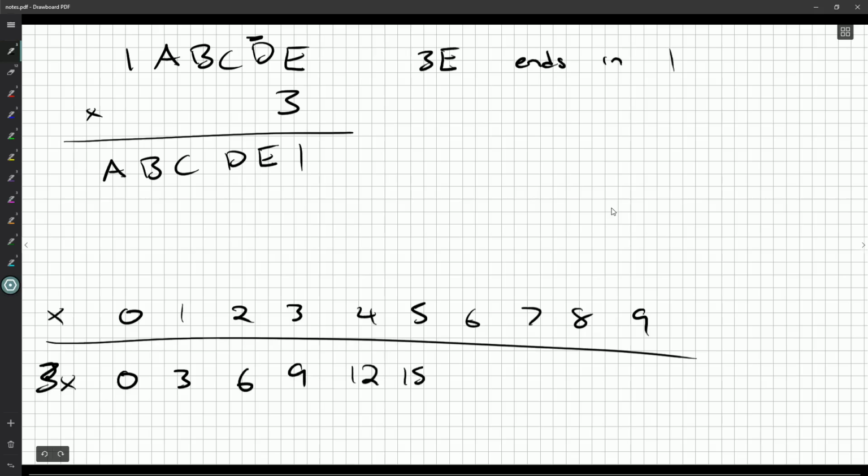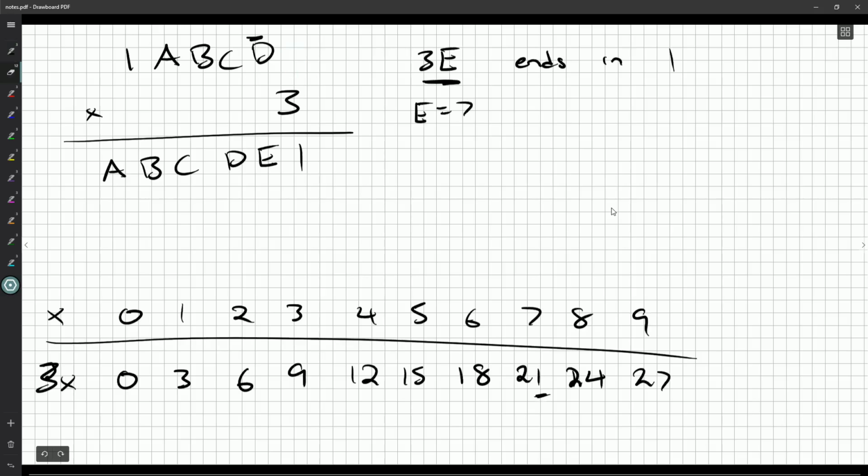And 3 is nice when it comes to digits, because 3 and 10 are relatively prime. What does that mean? For our purposes, there's only going to be one answer when you ask what digit I multiply 3 by to get a units digit of X, like 27, there we go. So if 3E ends in a 1, only one of these ends in a 1, so E is 7.